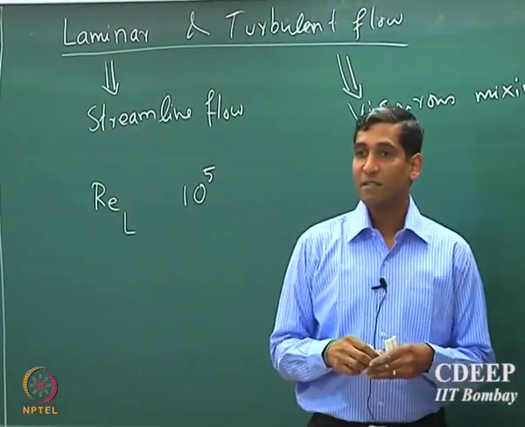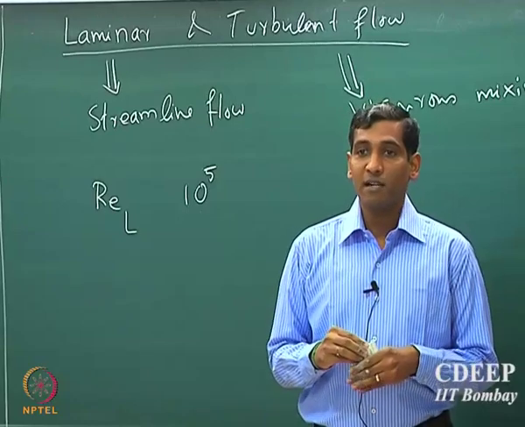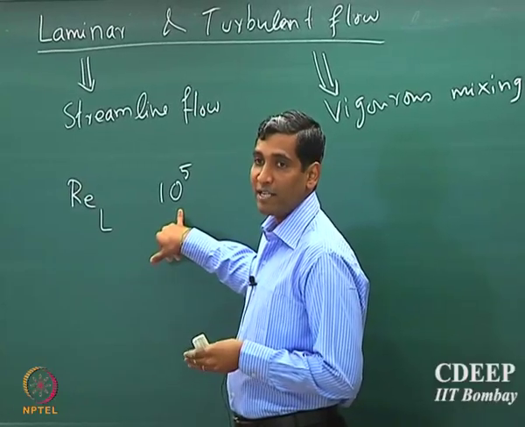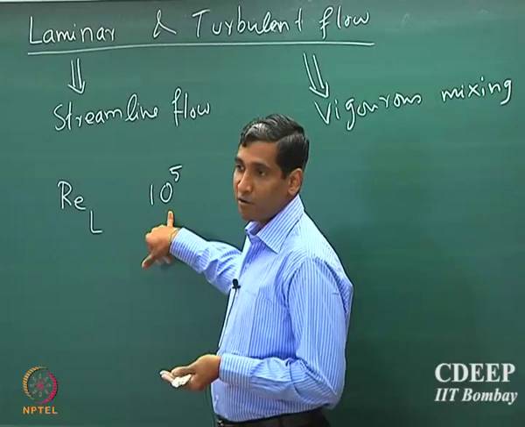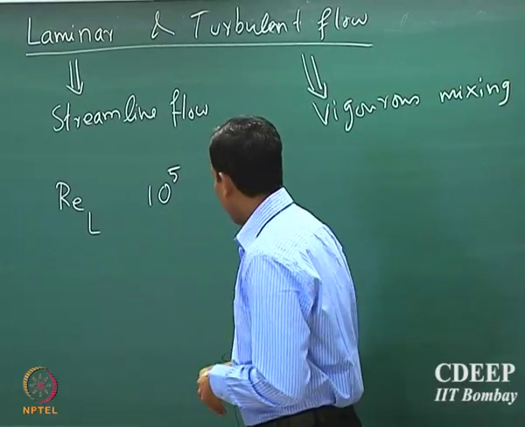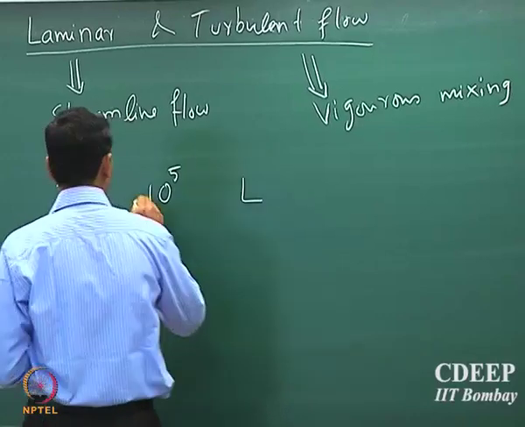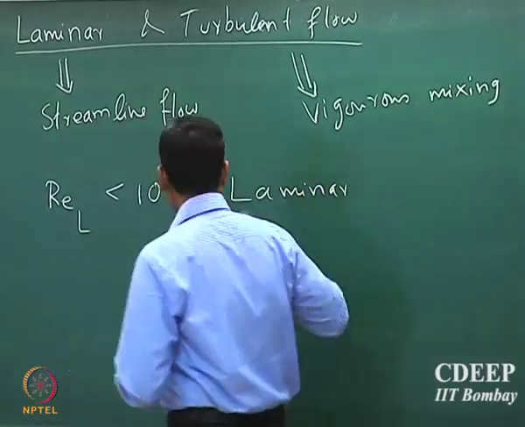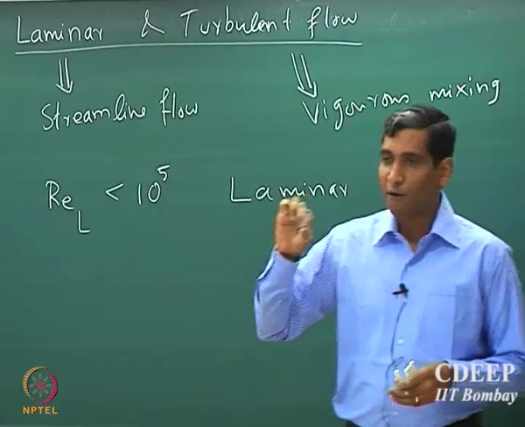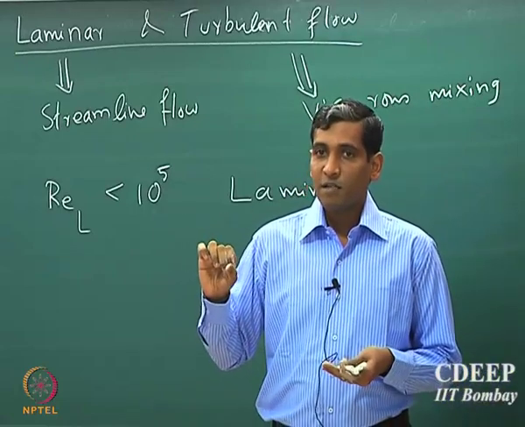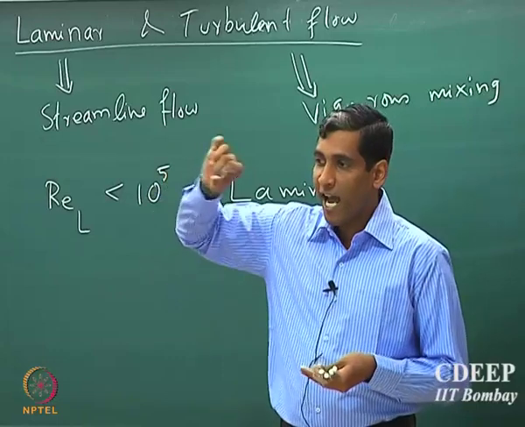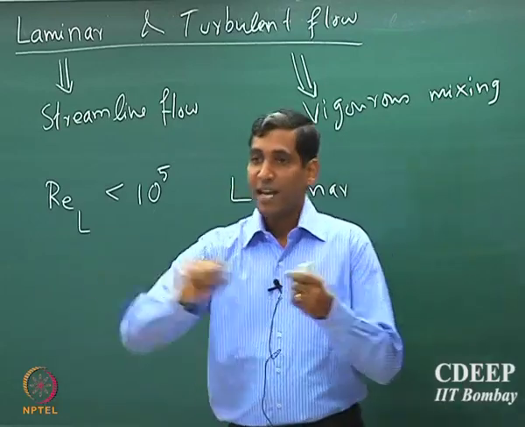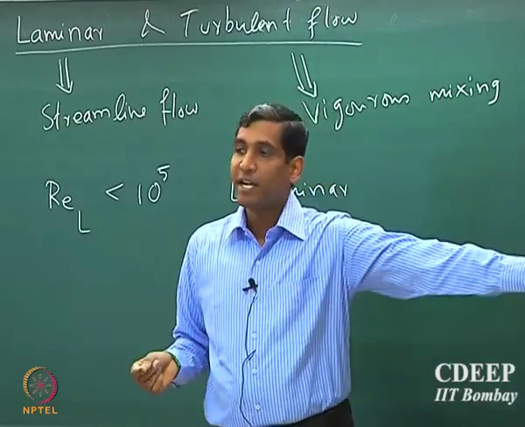So it's 10 power 5. The length at which the Reynolds number reaches 10 power 5 is actually the limit for the laminar flow regime. Anything less than 10 power 5 is laminar. Note that in pipe flow, which you have already studied, the characteristic length scale is the diameter of the pipe. Here the characteristic length scale is the length from the leading edge of the plate.